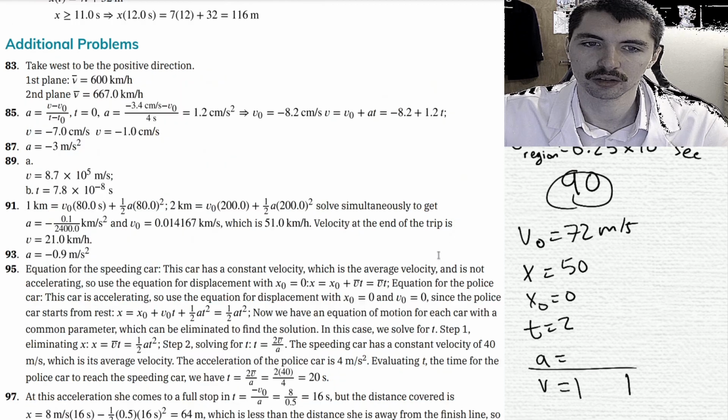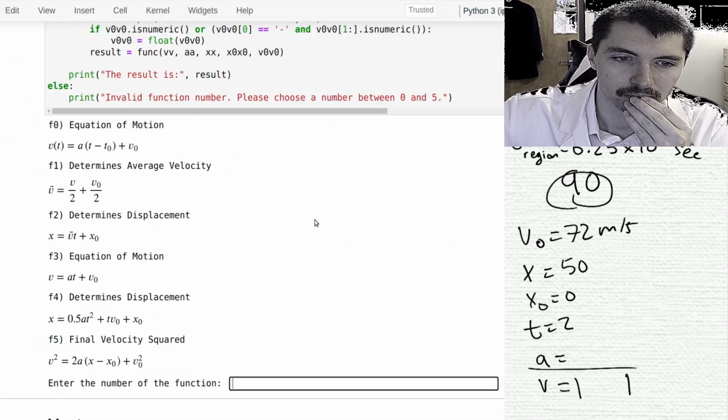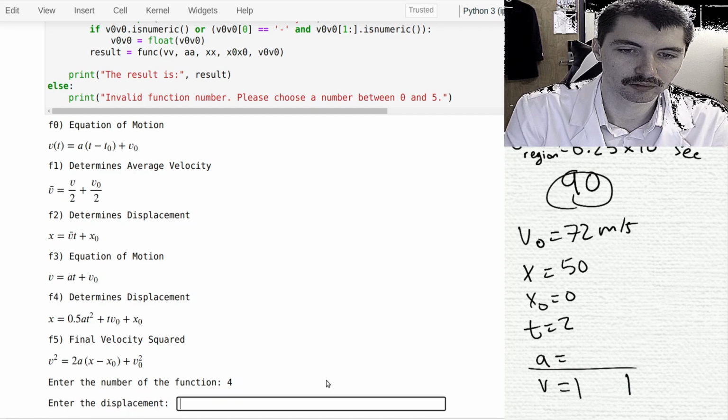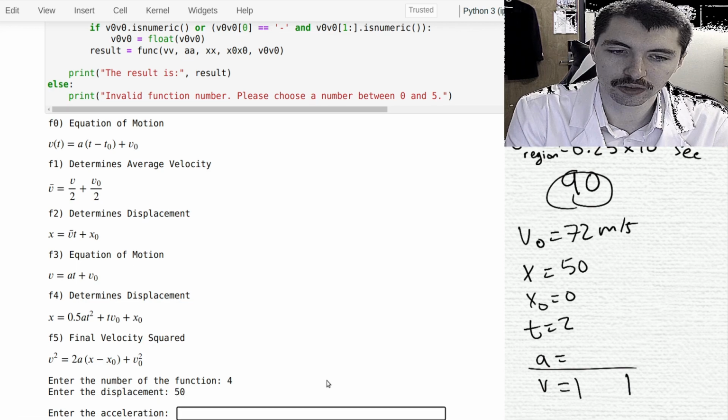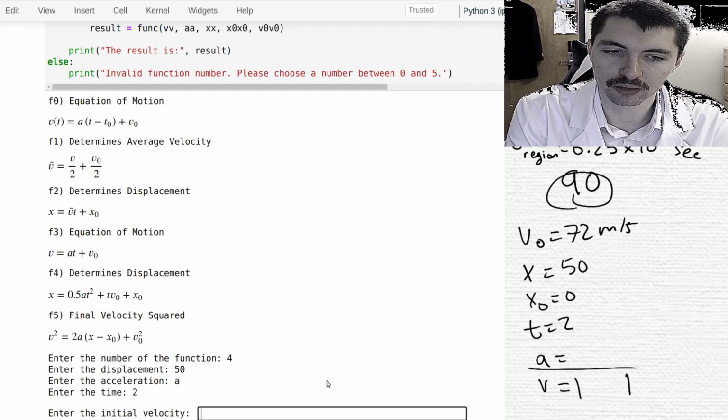Okay, so 90, probably equation 4. So 50 meters, acceleration is what we're solving for. Time, 2 seconds.